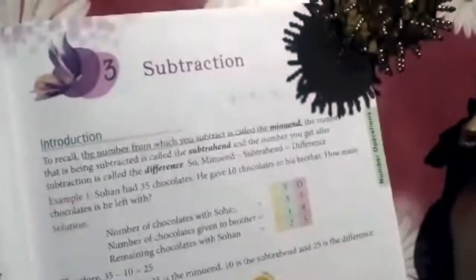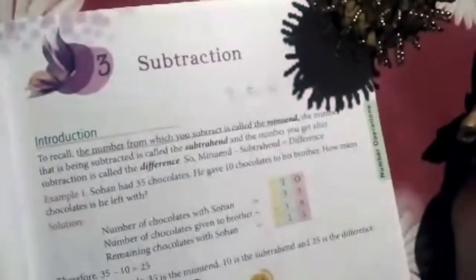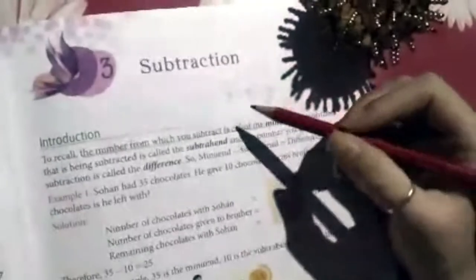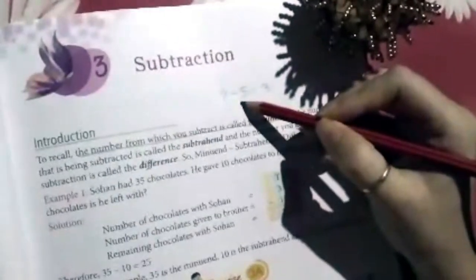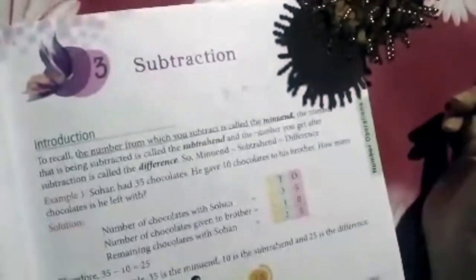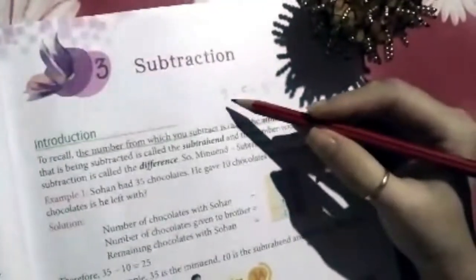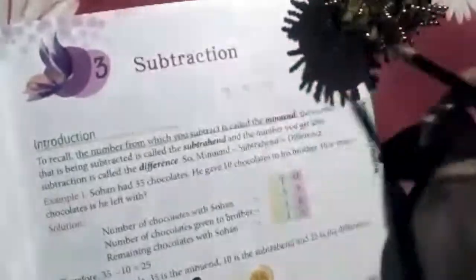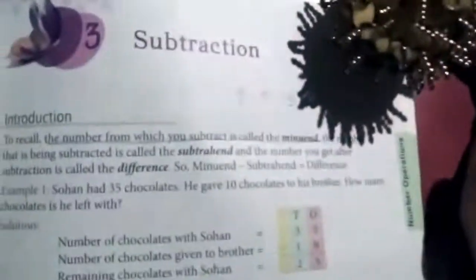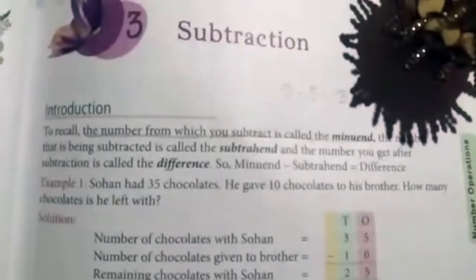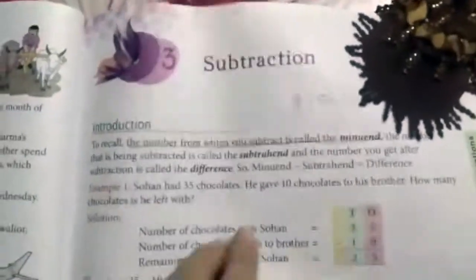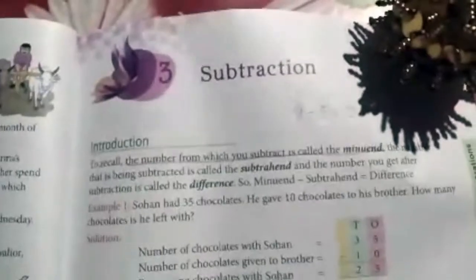And the number that is being subtracted is called subtrahend. Here 5 is being subtracted from 8, so 5 is called subtrahend, and you are subtracting from 8, so 8 is called minuend. And the number you get after subtraction is called difference.